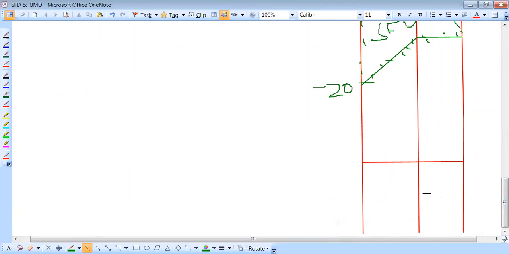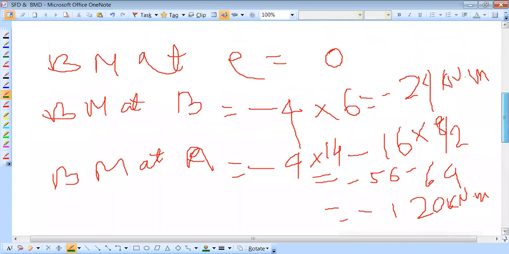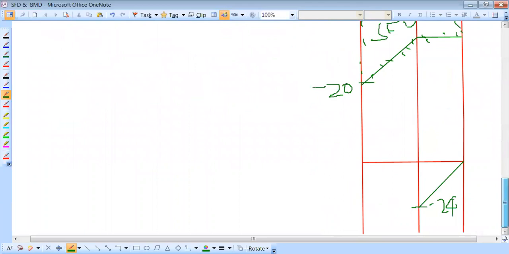So take a straight line from here to here. The value at point B is -24, because this one is minus 24. Then BM at A is equal to how much? Minus 120 kilonewton meter. But the force is a UDL, so in case of UDL you have to draw a parabolic curve.